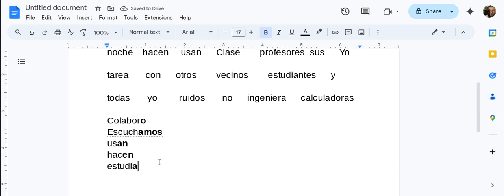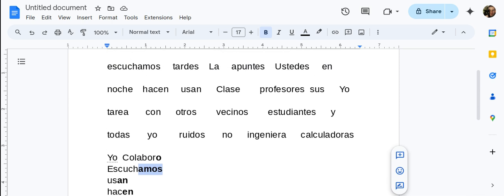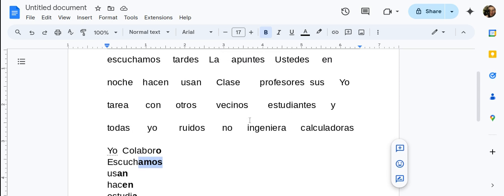Now if I look at my notes, I see that the O ending can only be used with yo. So I see yo right there. The amos ending can only be used with we. I don't see the word we here, but I see I. And I see engineer.